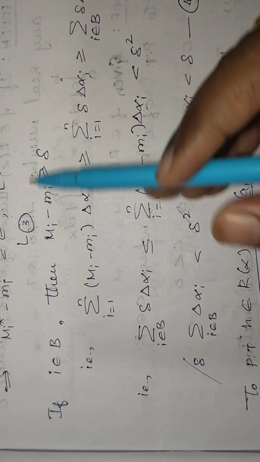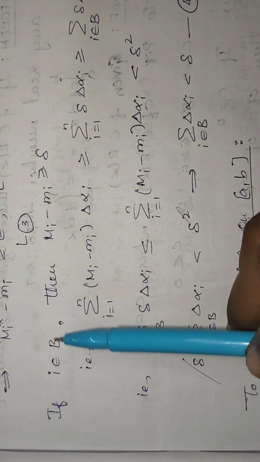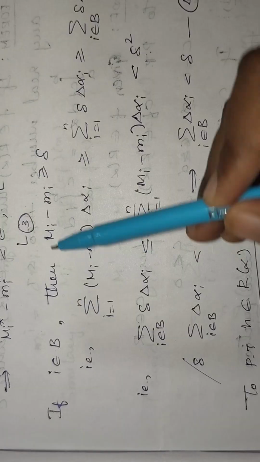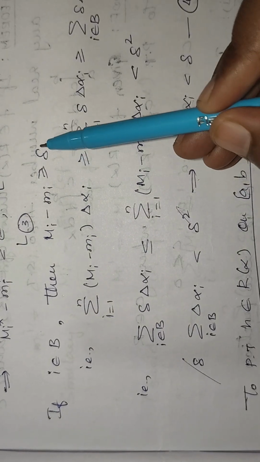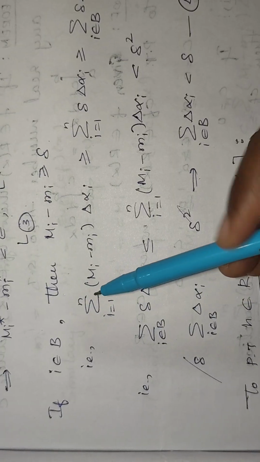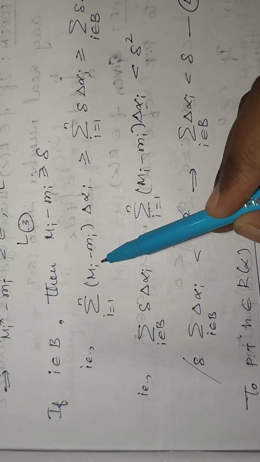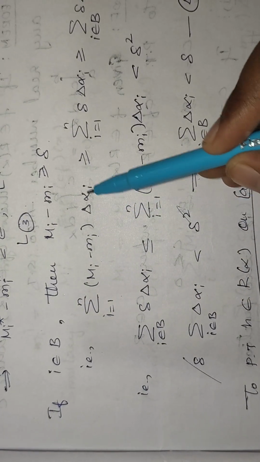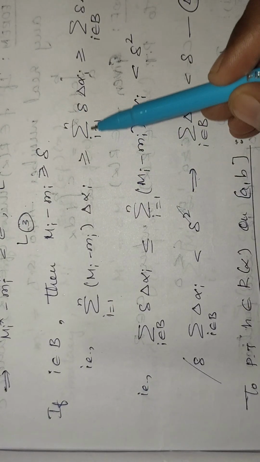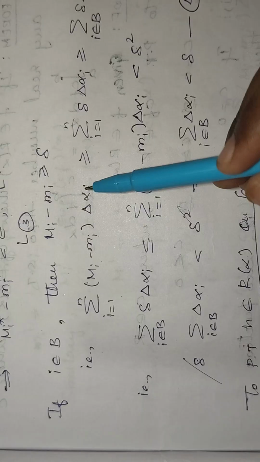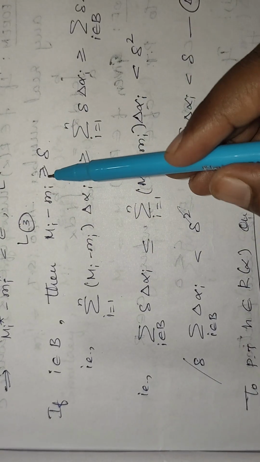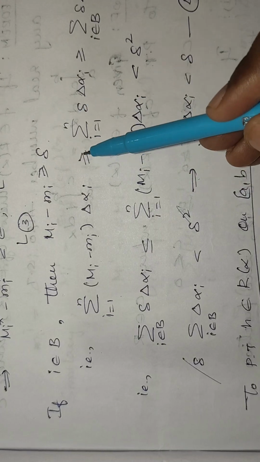We have divided into two classes. So according to that, if I belongs to B, then Mi minus mi should be greater than or equal to delta. That is, summation I equal to 1 to n, Mi minus mi, delta alpha I is greater than or equal to summation I equal to 1 to n. So in place of Mi minus mi, I have written greater than or equal to delta.